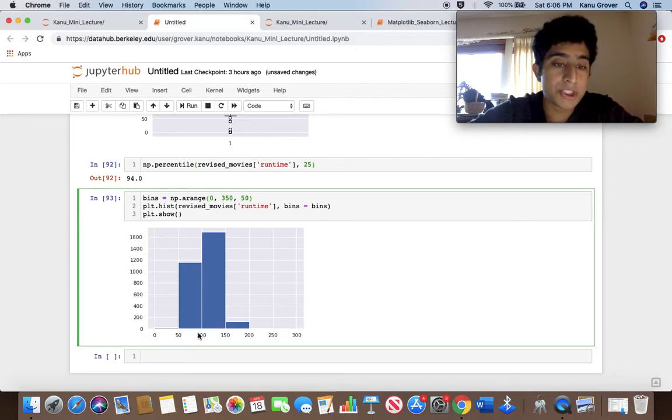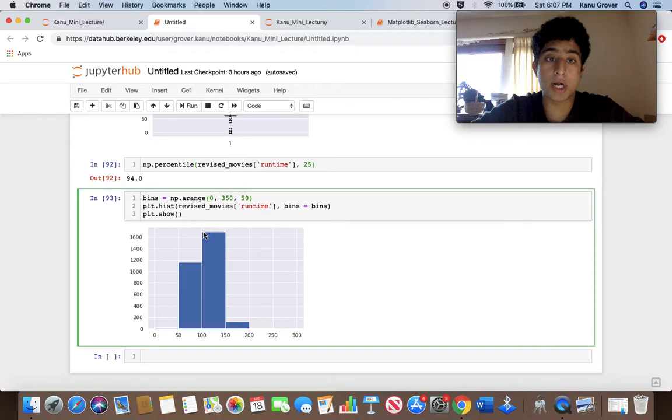So between 100 and 150, there are about, I'd say, 1,700 movies in that range. That's the really cool thing about a histogram. It can tell you how many specific movies are in a desired range of some variable in question.